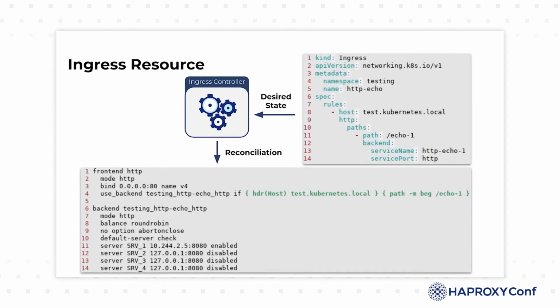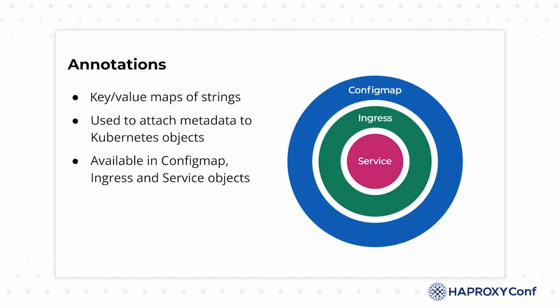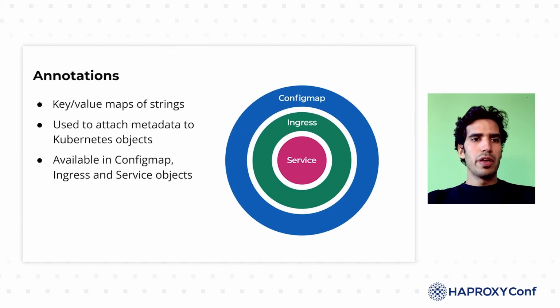One of these possible input types is annotations. Annotations are key-value maps of strings used to attach metadata to Kubernetes objects. In the case of the Ingress controller, we can annotate service, ingress, and config map resources. And the controller will parse these annotations and apply the corresponding configuration.